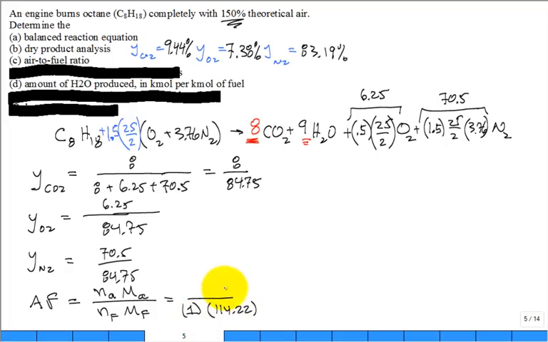The molar mass of the air is 28.97 kilograms per kilomole. The hard part, the error-prone part, where a lot of students will make an error, is saying for each kilomole of fuel, how many kilomoles of air do I need for that reaction?